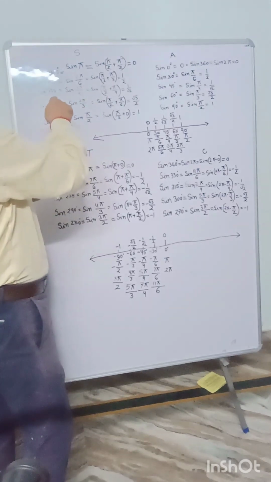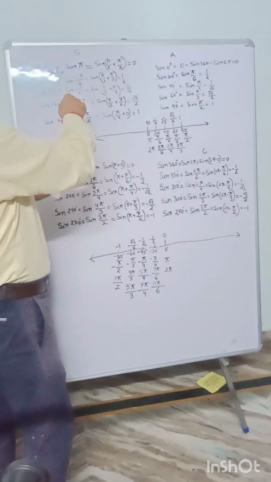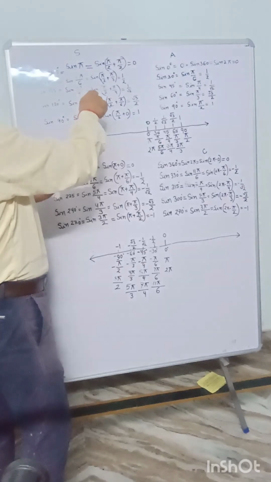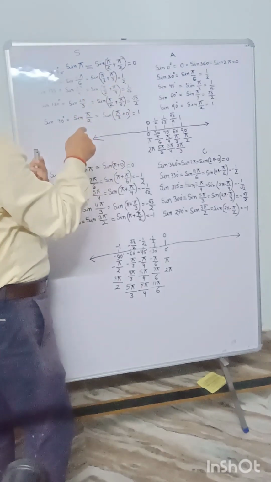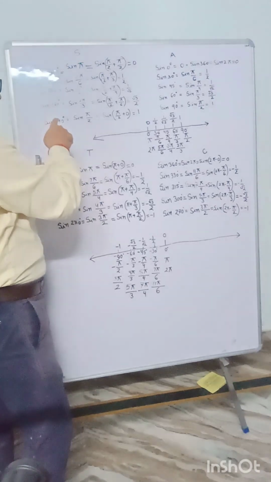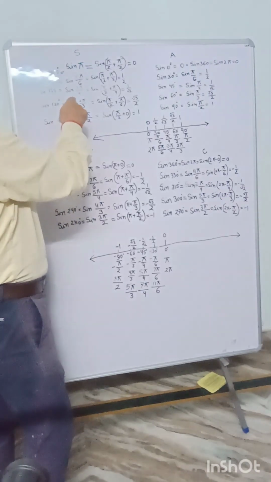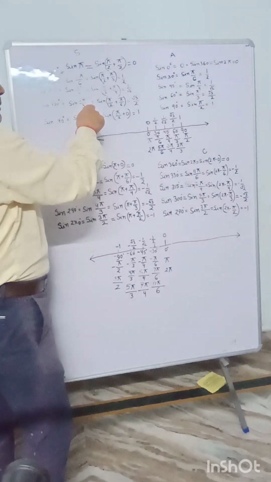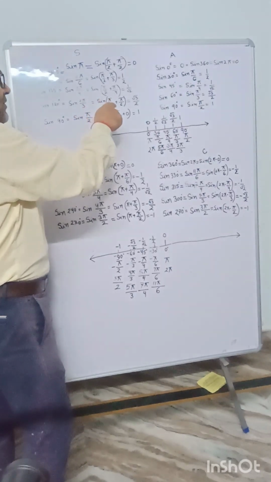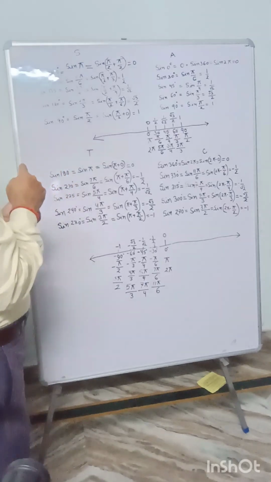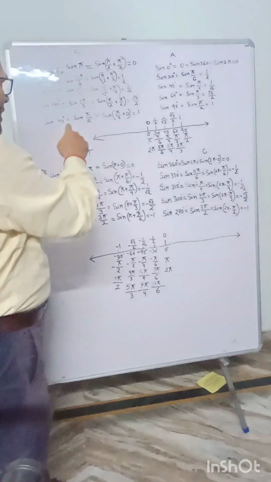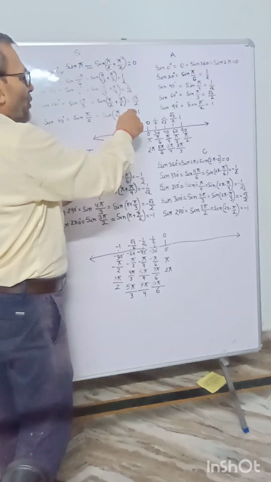Sine 135 is equal to sine 3 pi by 4 is equal to sine pi by 2 plus pi by 4 equal to 1 by under root 2. Sine 120 is equal to sine 2 pi by 3 equal to sine pi by 2 plus pi by 6 is equal to under root 3 by 2. Sine 90 is equal to sine pi by 2 is equal to sine pi by 2 plus 0 is equal to 1.